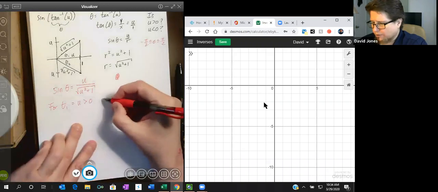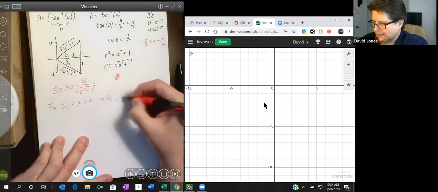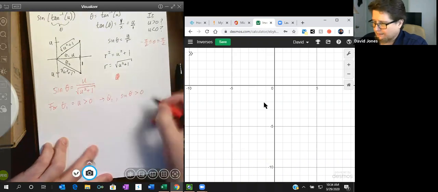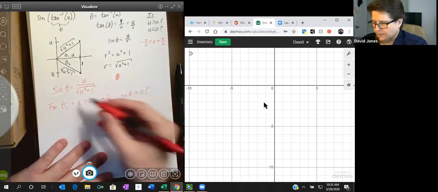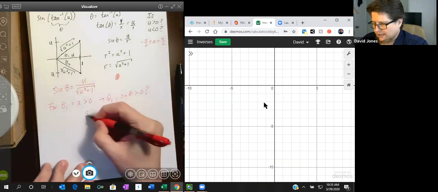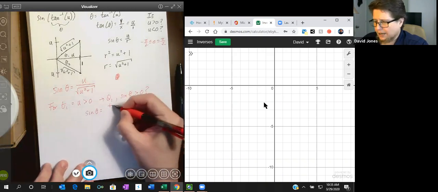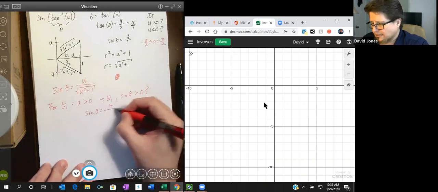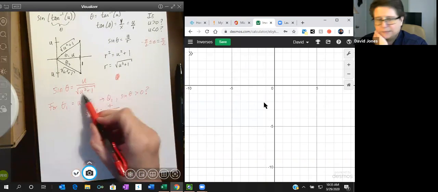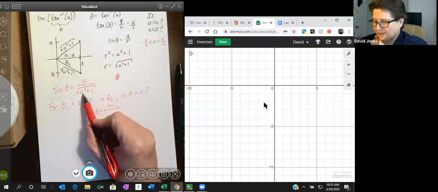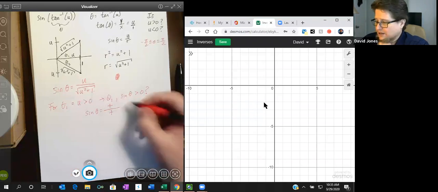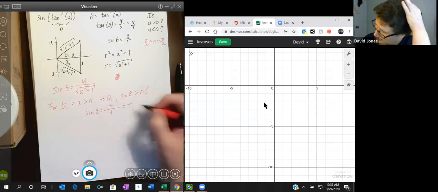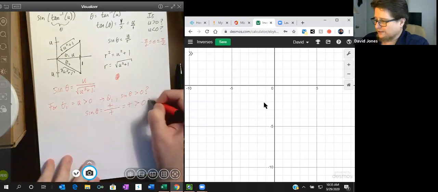This means we're in quadrant 1, and sine theta needs to be greater than 0. Is it? Well, if we look at it, if u is greater than 0, sine theta has a positive value on top because u is positive. U squared plus 1, something squared is always positive. And even if u is 0, 0 plus 1, this denominator is always positive. So sine theta is positive. And it matches the greater than 0.